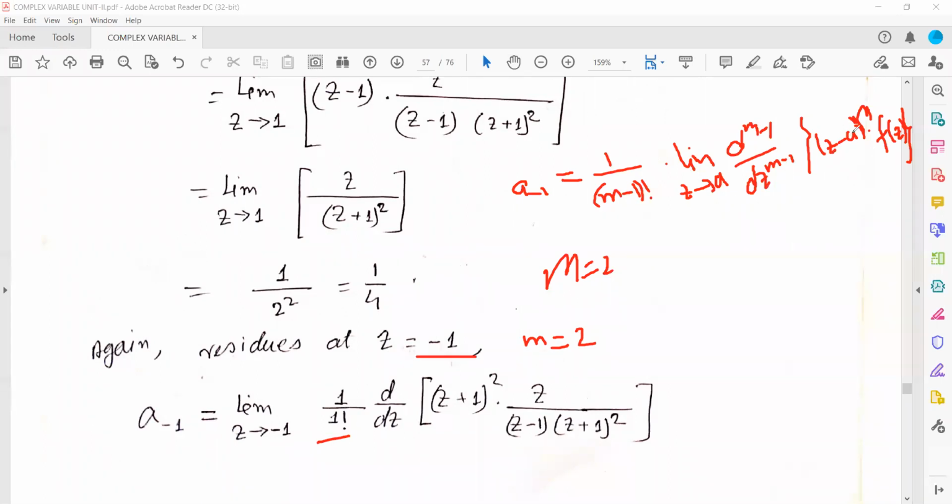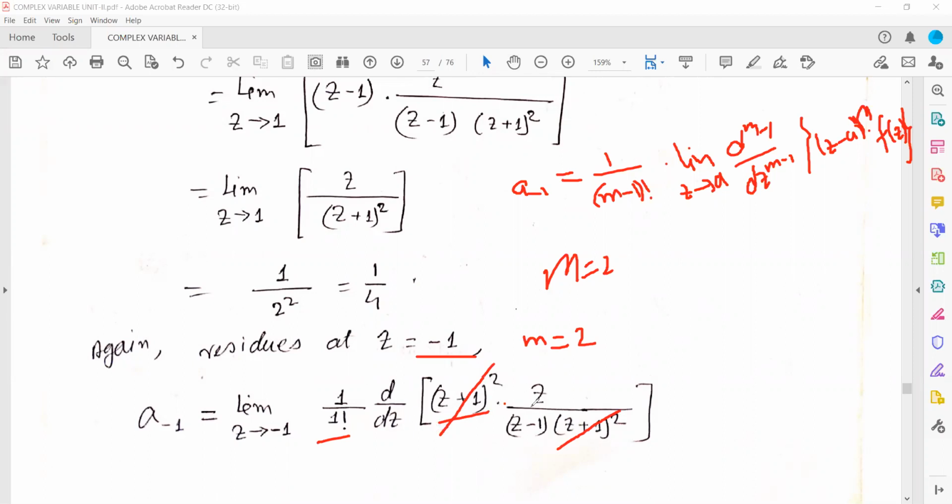So this becomes (z + 1) to the power m, that is 2, so (z + 1) whole square into f(z). f(z) is z by (z - 1)(z + 1) whole square. See there, (z + 1) whole square and this (z + 1) whole square will cancel out. So what is left? z.